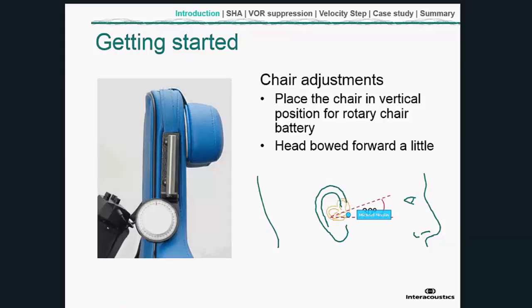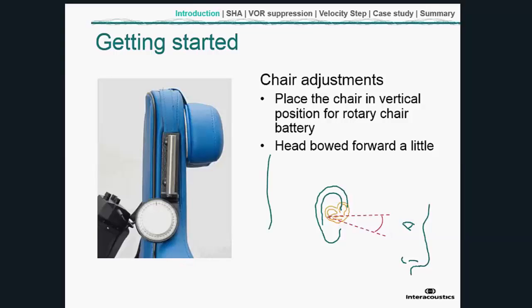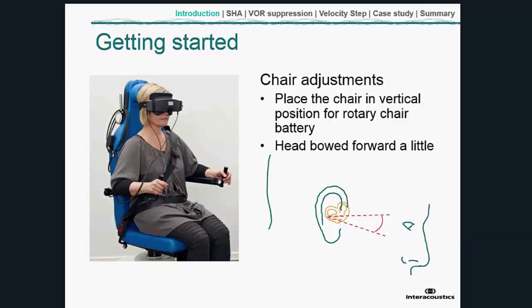Normally when the head is straight, the horizontal canals are tilted upwards by around 30 or so degrees, but by tilting the head forward with the headrest, this brings the two horizontal canals, one on either side, into the genuine horizontal plane. And then with the patient strapped in for safety, we can proceed with the procedure itself.